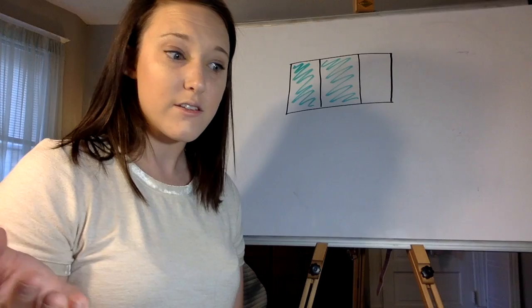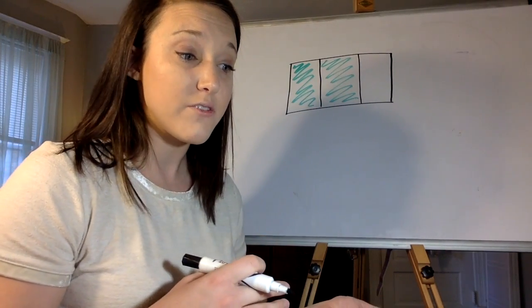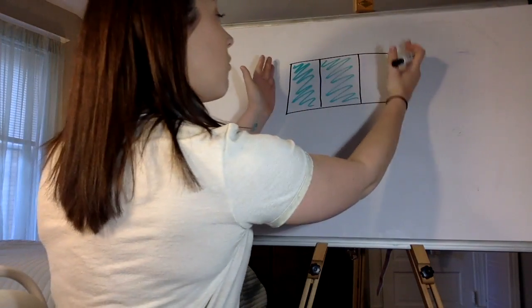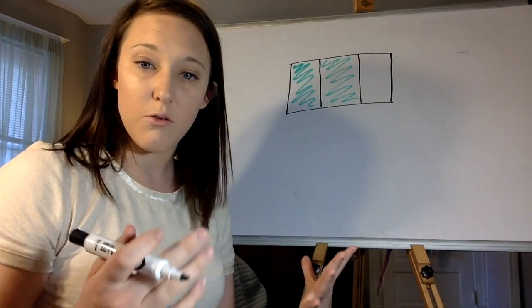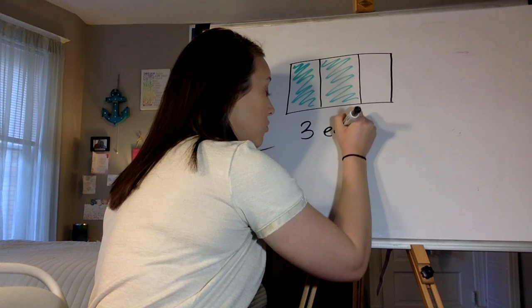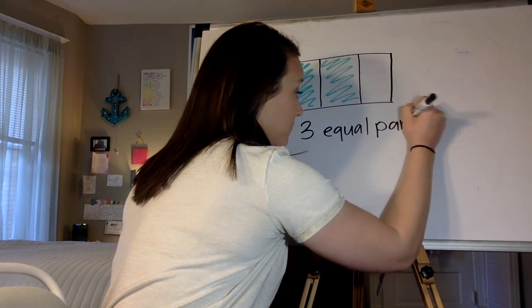Okay, and then it says there are blank equal parts of the whole. Well, we just did this last lesson. Okay, so the equal parts of the whole are counting all of the equal parts. The whole, all equal parts. So how many equal parts are in the whole? We have 3 equal parts of the whole.